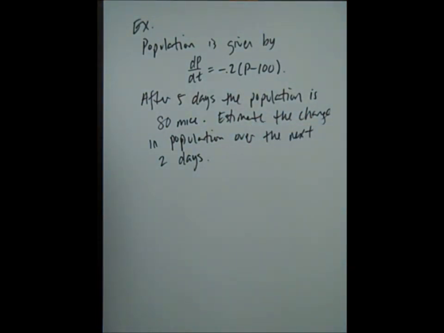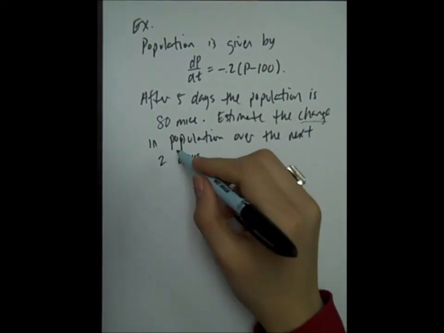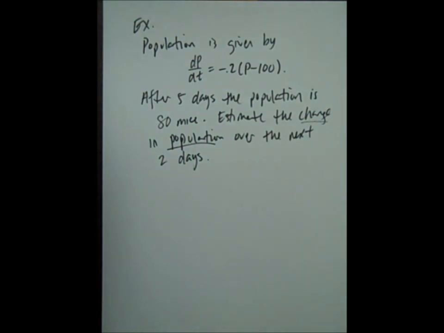Okay, so we're trying to estimate the population over the next 2 days. Ask yourself, am I looking for a function value, or am I looking for the change in the function? Here we're looking for the change in the function, so change in population.